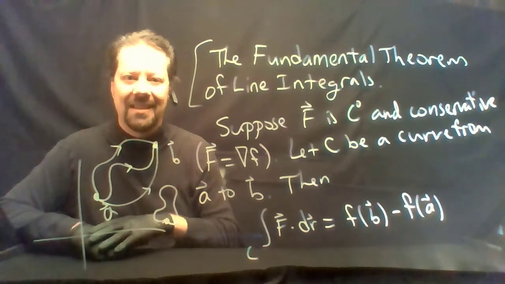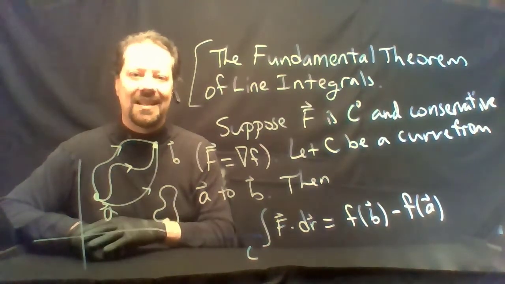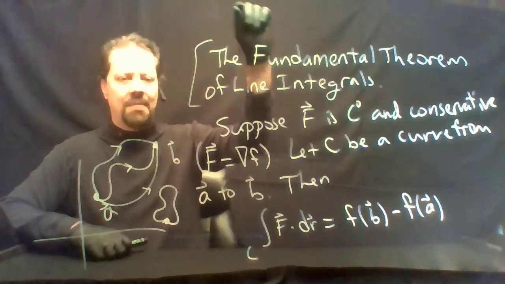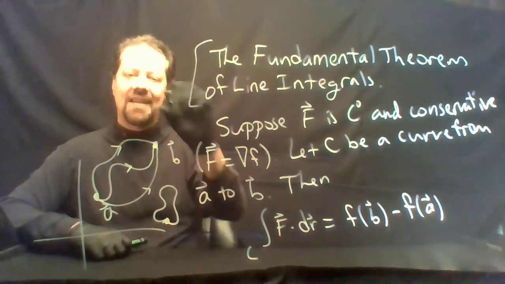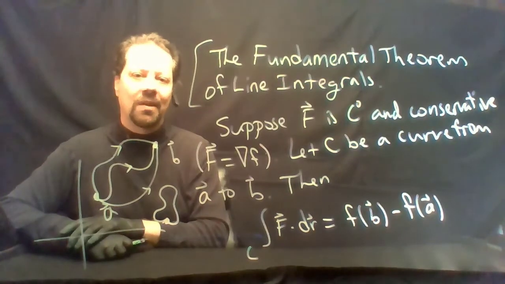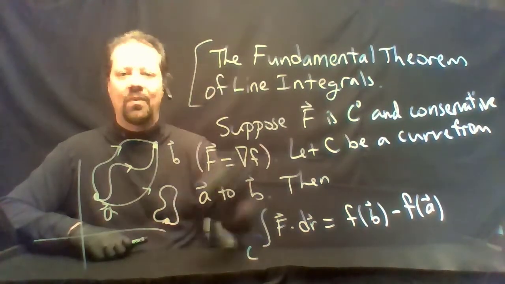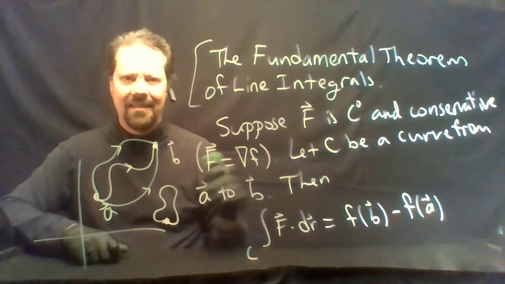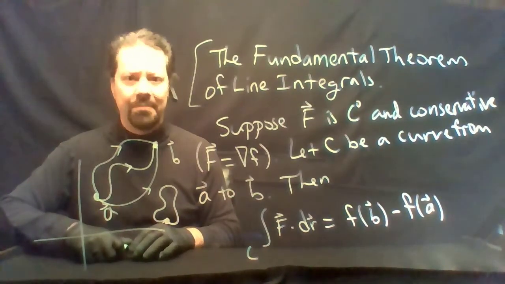No net work is done. It might take some work to push this thing up. It might release some energy coming down. There's 0 net work in one complete orbit. This will be a very interesting theorem, but we need to prove this.